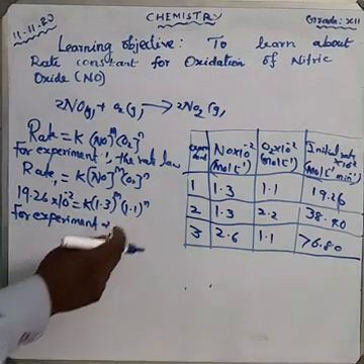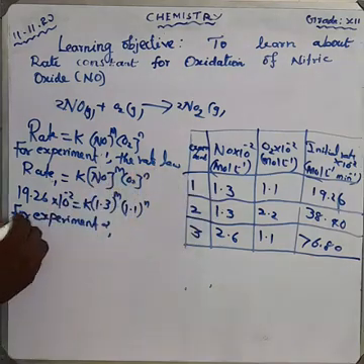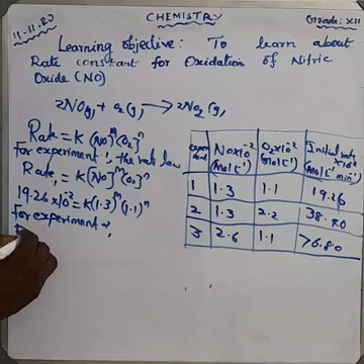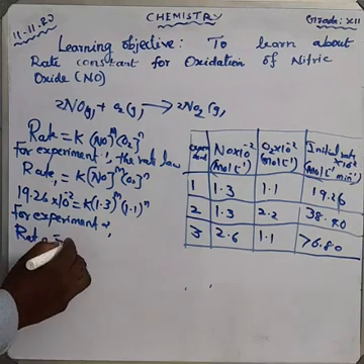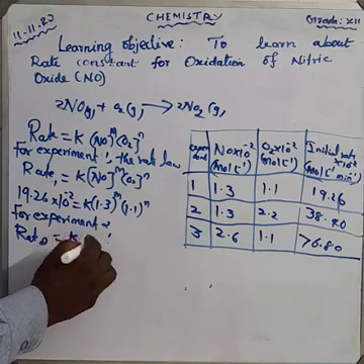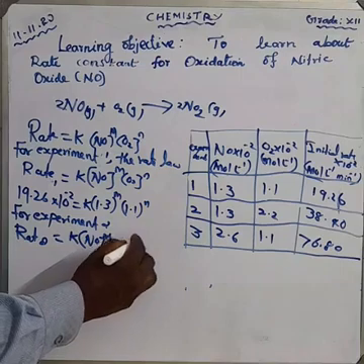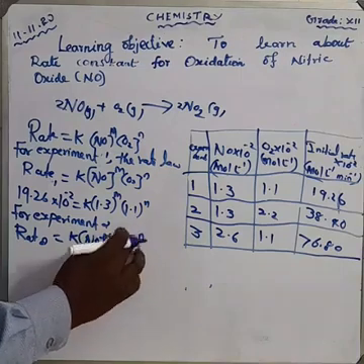And also experiment number 2. How do you write the rate law for experiment 2? Rate 2 is equal to, the same, K NO m O2 n. Okay?